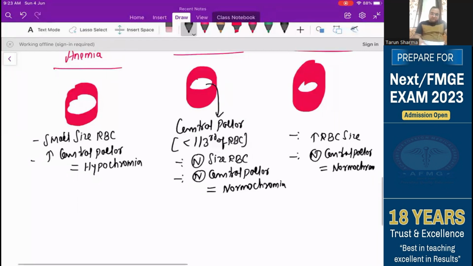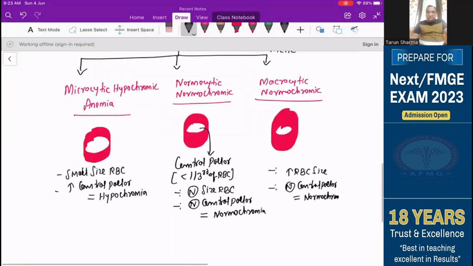So it is simple: if the size of RBC is normal, it is called normocytic. If RBC size is reduced, it is microcytic, and if RBC size is increased, it is macrocytic. And as far as hypochromia is concerned, you have to see the central pallor, how much it is. If it is normal, it is called normochromia. If the central pallor is increased, that means there are pale RBCs.